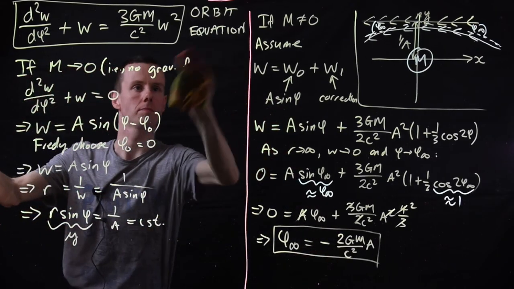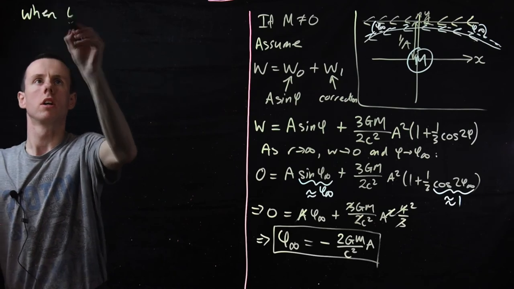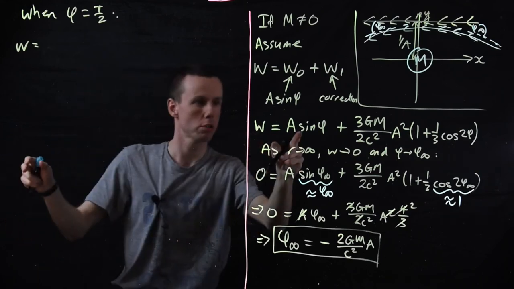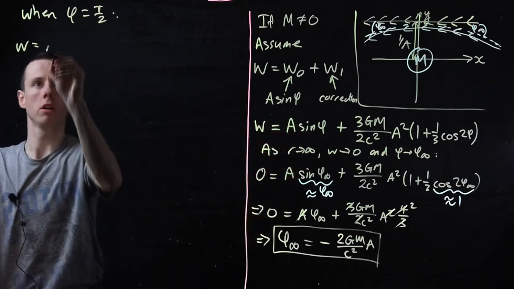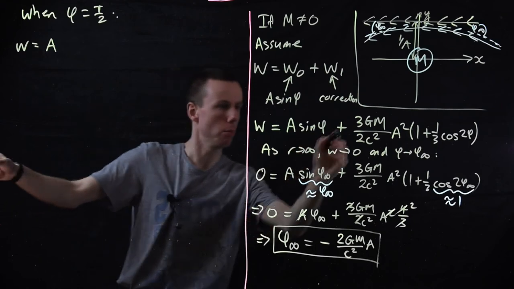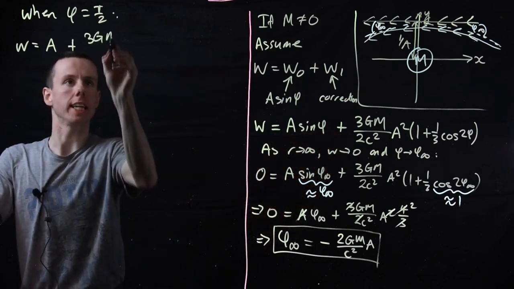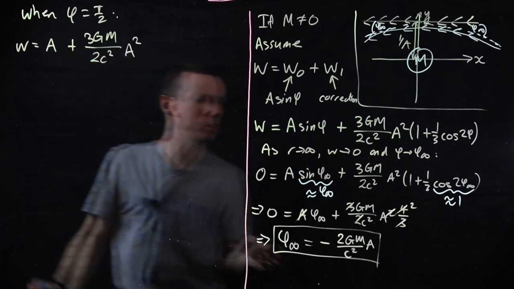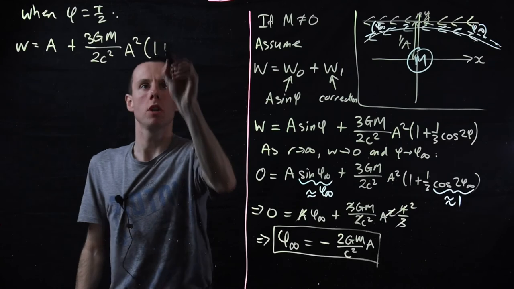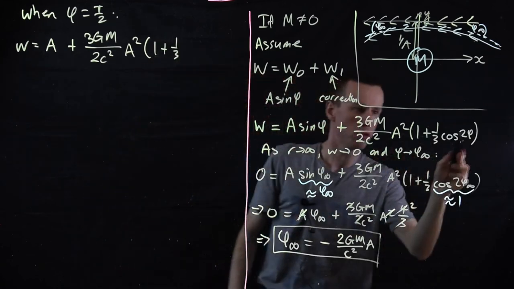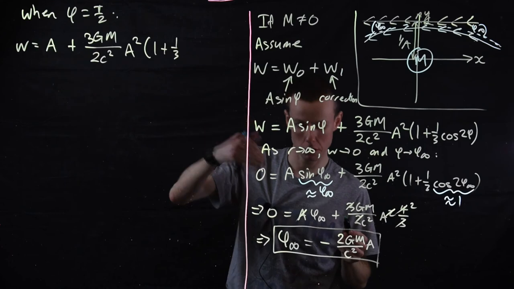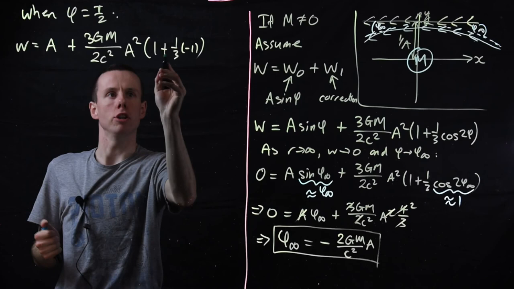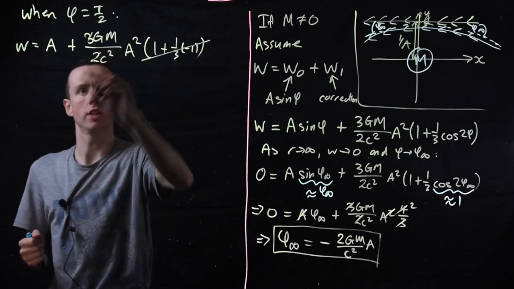So let's just do that over here. When phi equals pi over 2, we have w equals a sine pi over 2, which is just 1. So a plus 3GM over 2c squared a squared, and then times 1 plus a third cosine of 2 pi over 2, so that's just cosine pi, which is minus 1. So 1 minus a third is 2 thirds, and that'll cancel that 3 over 2.